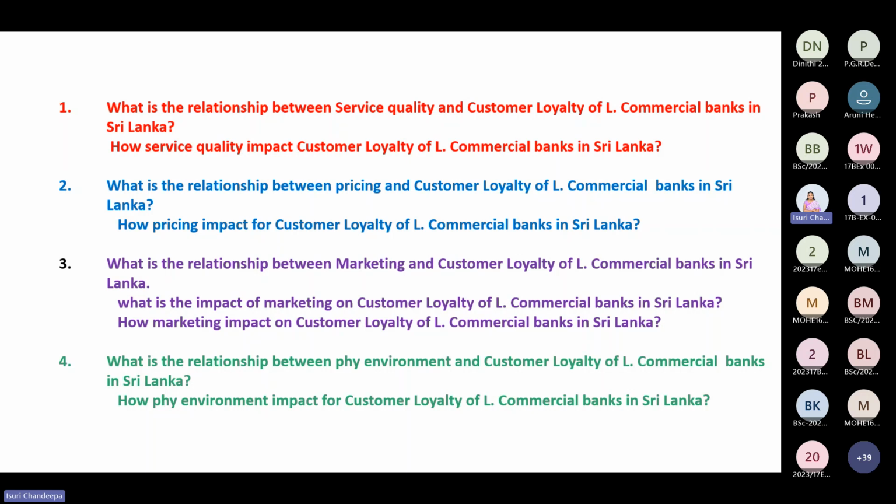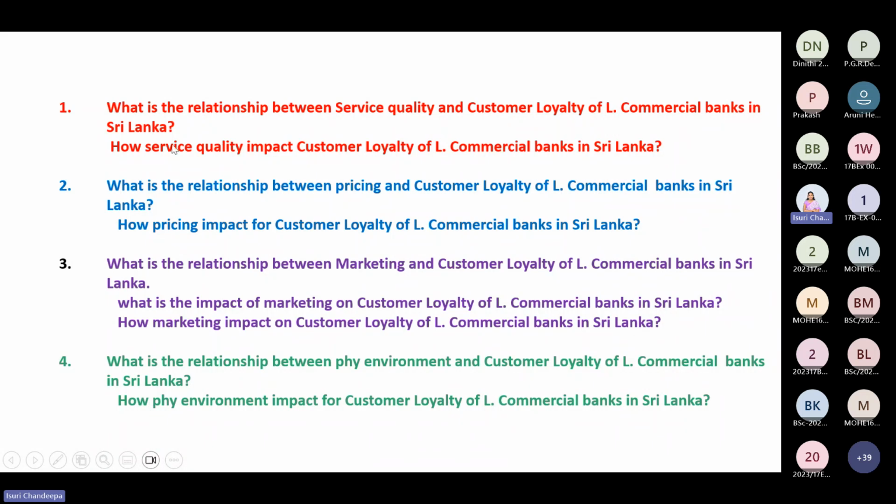Okay. So the third question is regarding the relationship between the third variable, marketing, and customer loyalty. Marketing and customer loyalty. And then it can be written in another way also. The fourth one is regarding the physical environment and customer loyalty of the licensed commercial banks in Sri Lanka, and we can write it as a how question also.